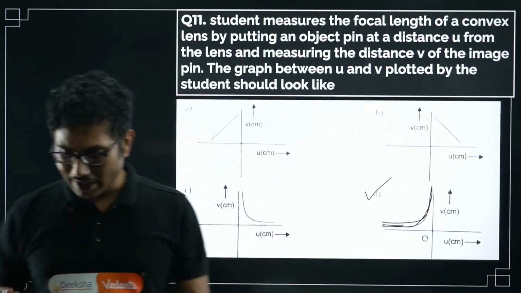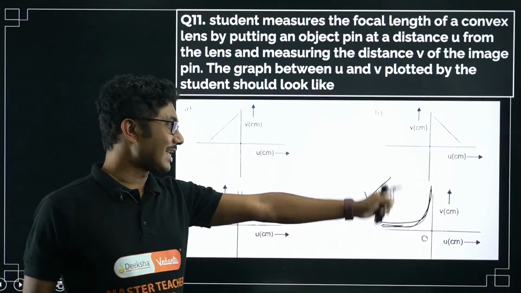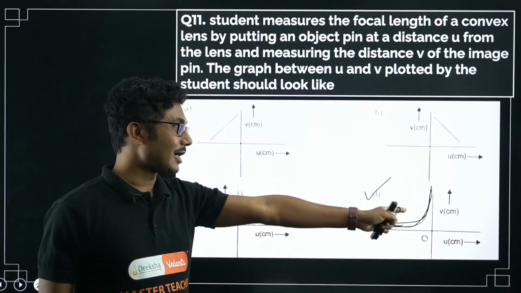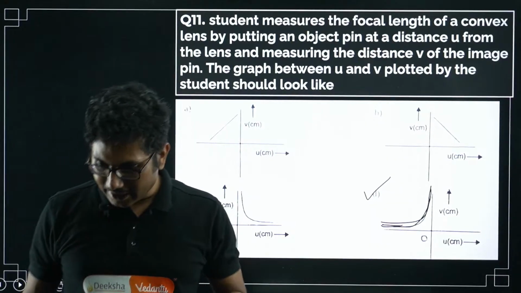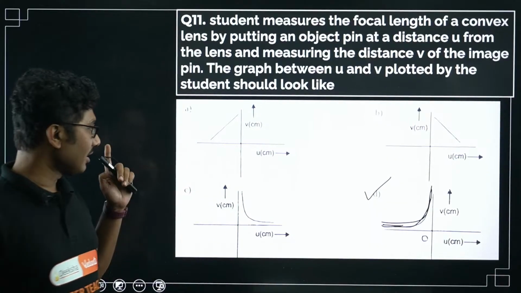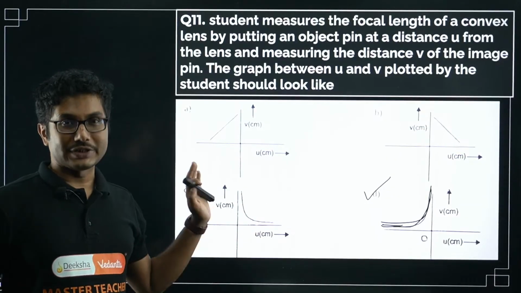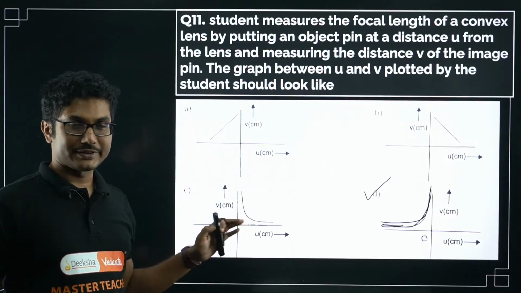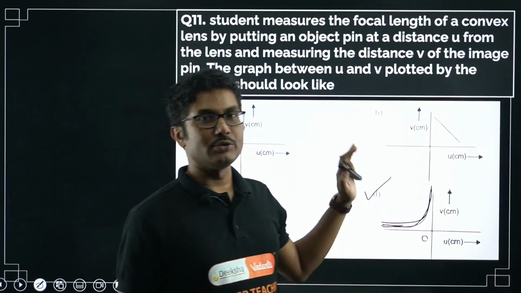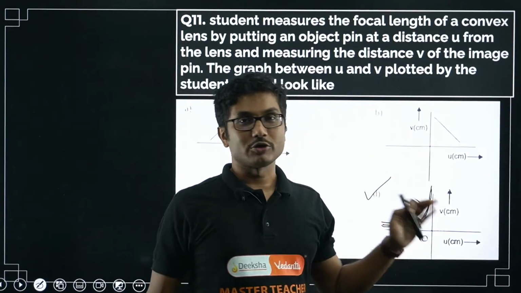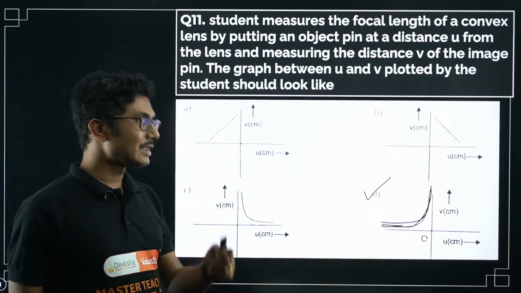Because U is always negative, the correct answer is option D. Chaitra, yes. Narayana, C is not the answer, D is the answer. Even though the nature of both graphs is the same, when you are measuring a distance, U should be considered negative, because object distance is negative. So sign convention wise, option D is correct.